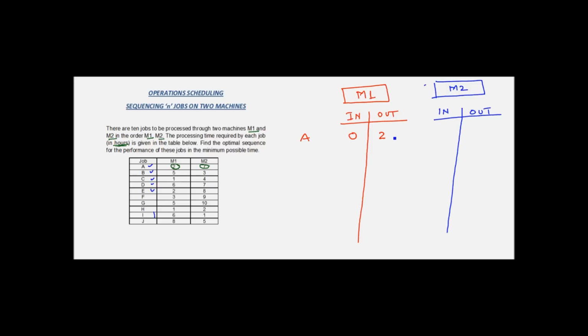Now while M1 is busy processing A, M2 is idle. So as soon as A comes out of M1, it can go in to M2. So at the second hour it can go into M2, and then it will take 7 hours to be processed on M2. So this will be out on the 9th hour.